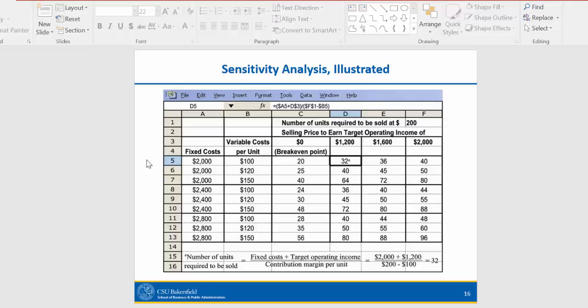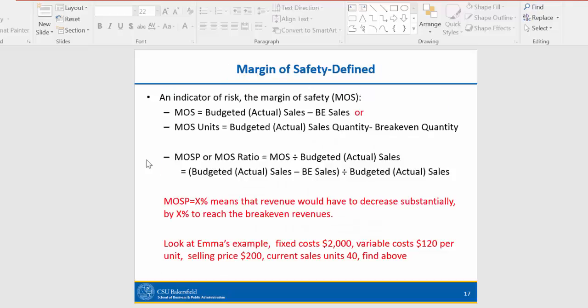So now let's come to the last slide in this video lecture. We're looking at margin of safety. It's kind of an indicator of risk. Margin of safety tells you how far you are above the break-even sales. Let's assume that you are making profits.